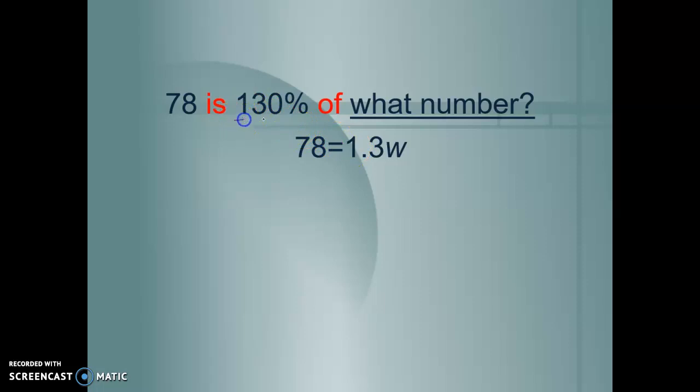So this is 100% plus another 30 hundredths. So 100% and 30 hundredths times our whole number. If we divide this by 100, it would move our decimal place over 2, and that's where we get that 1.3. Solving for W for our whole number, we find out that our whole number is 60. That 78 is 130% of 60.